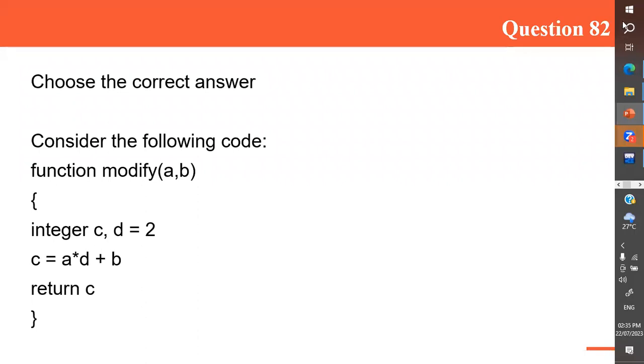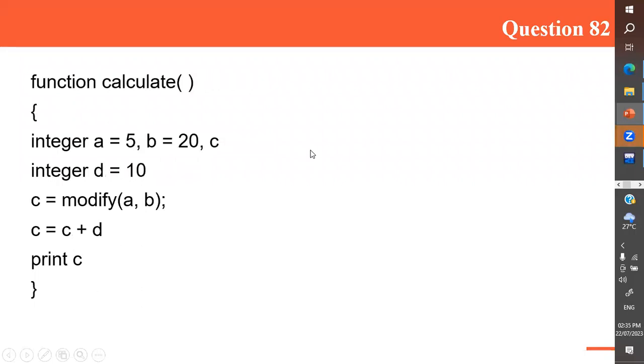Then that return value, whatever we are getting, this we have to do after getting the return value. Check it carefully. What is the answer now? 40. Okay, everyone got it, or anyone else still doing it? Make it fast.